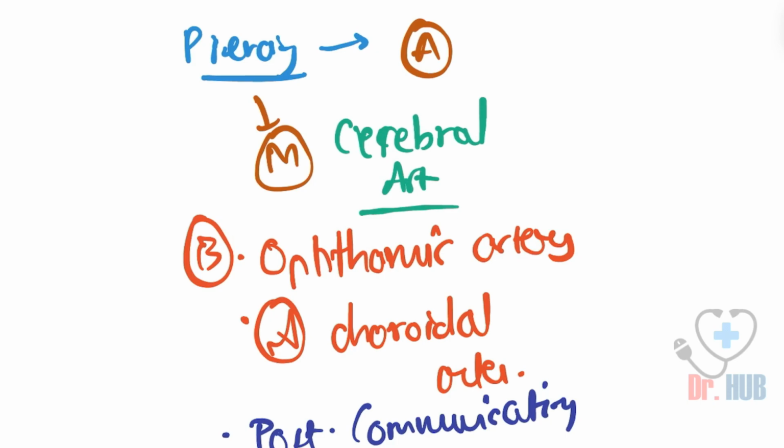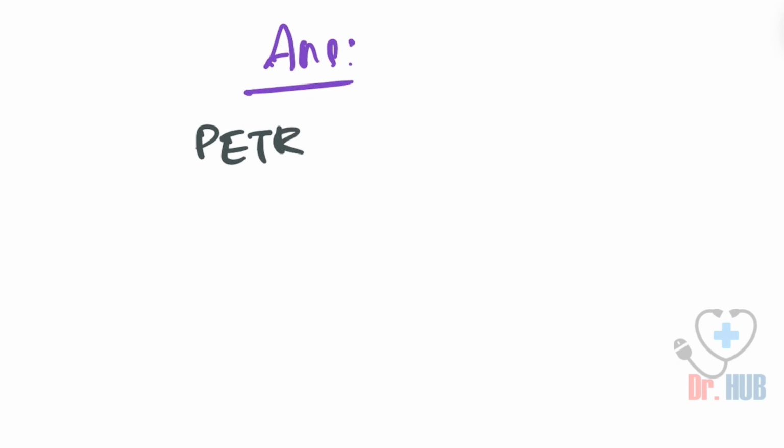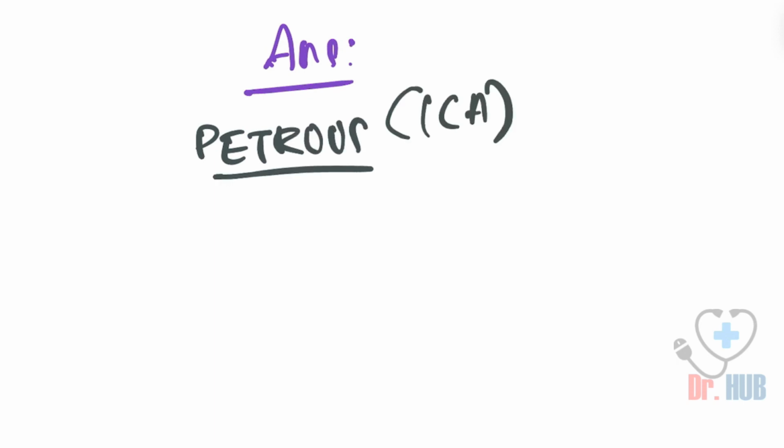Now we will jump back and answer our questions. Initially we asked three questions, so we are going to answer all of them. The first question was in case of the petrous part of the ICA, what are the branches?